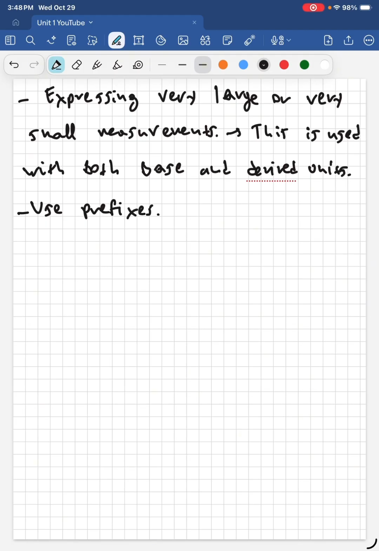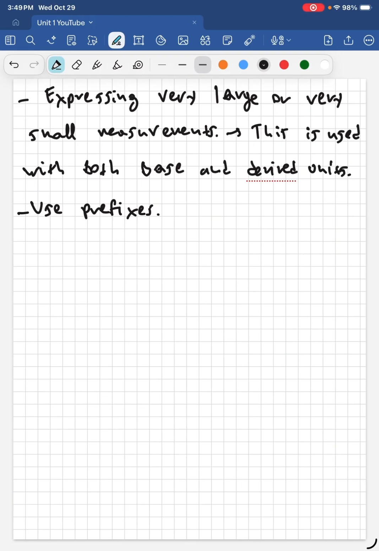Okay, so what do we mean by large or small quantities? So for example, the distance between my hometown and the next large city is 100 kilometers, right? But 100 kilometers is 100,000 meters. So you don't really use meters to measure distances between cities. You use kilometers, right?